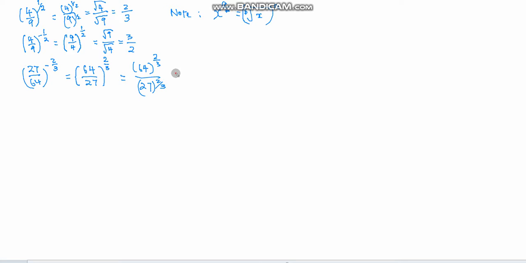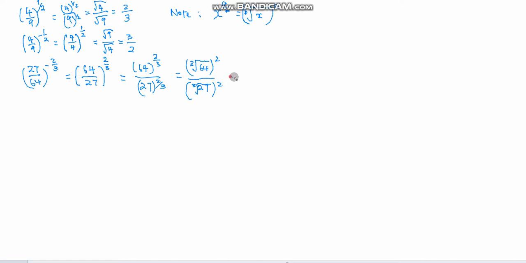With this reasoning, we cube root 64 first, then the numerator 2 becomes the power. Similarly, for the denominator, which is 27, we cube root it first. The denominator becomes the root.